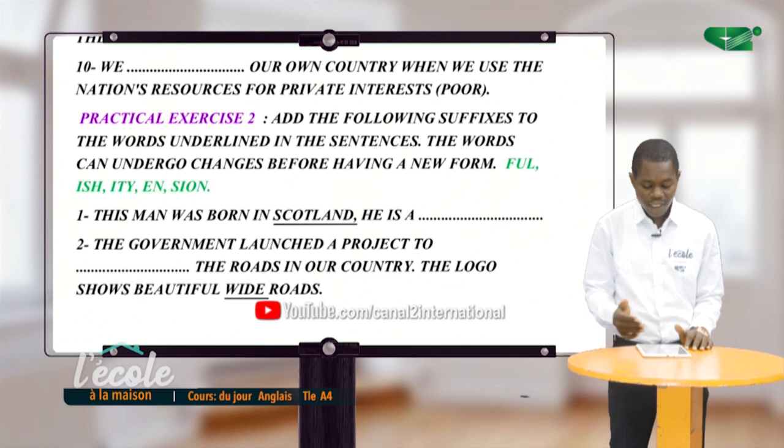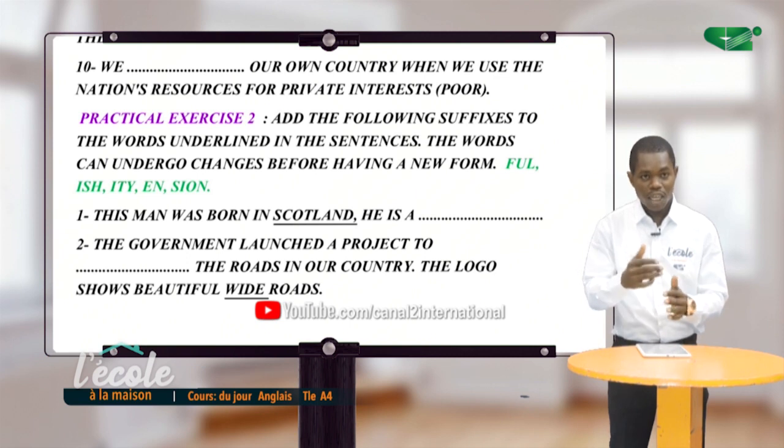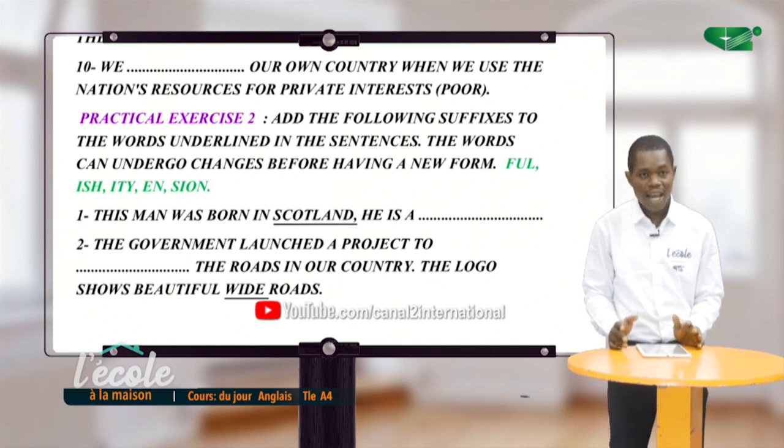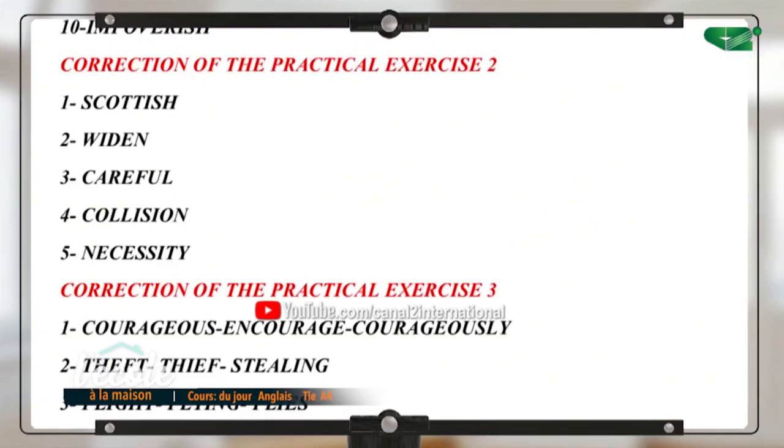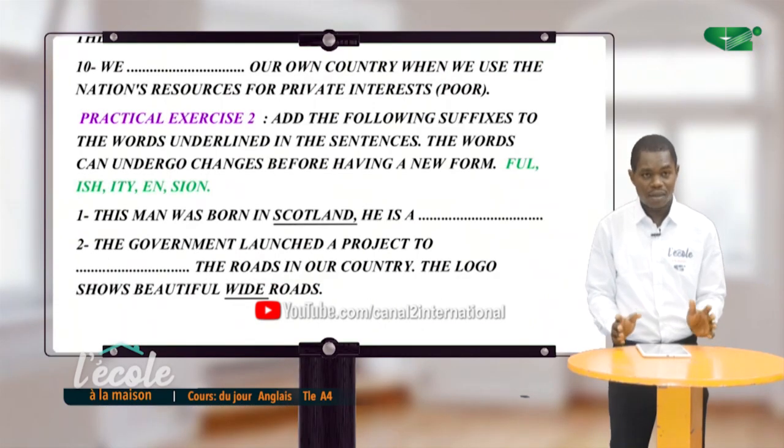And then it is obvious to see en. Let us see if we can drop one e because you cannot use two e's at the same time. So sure enough, the rule says you can remove certain letters and then add some more. In this context, we will drop the first e and then put n. That's all. It gives us: the government launched a project to widen the roads in our country.